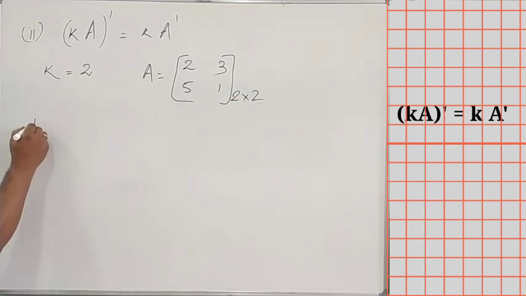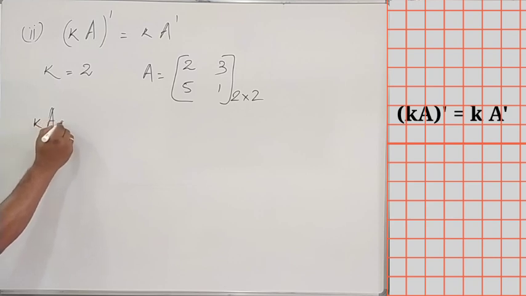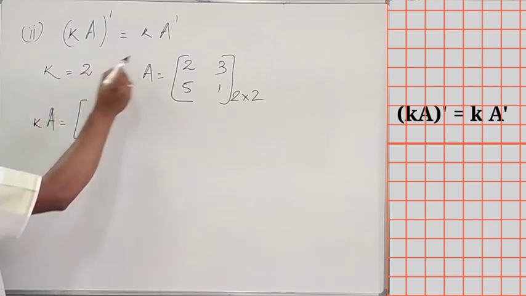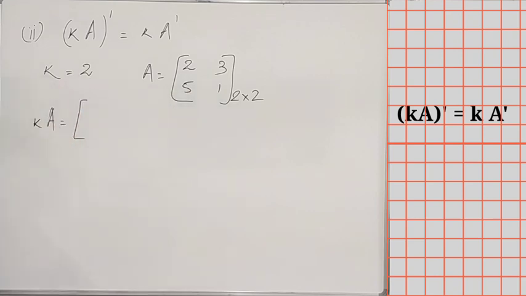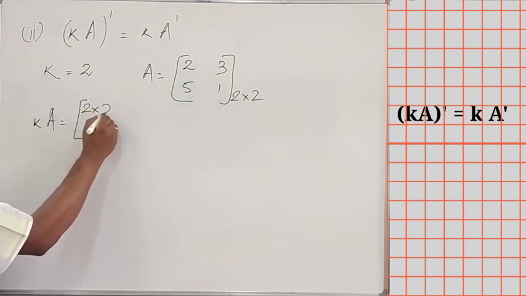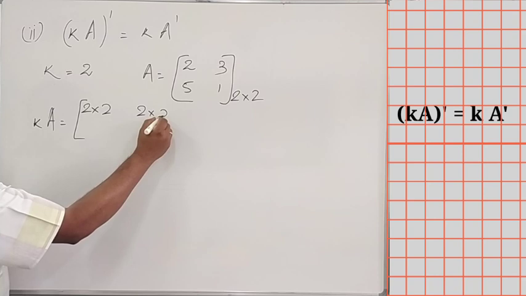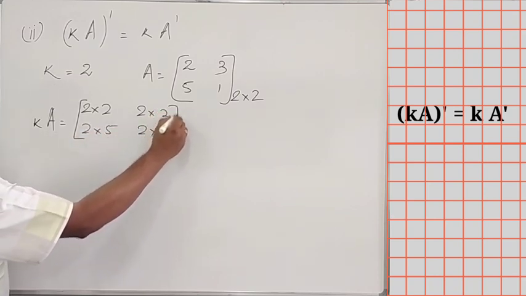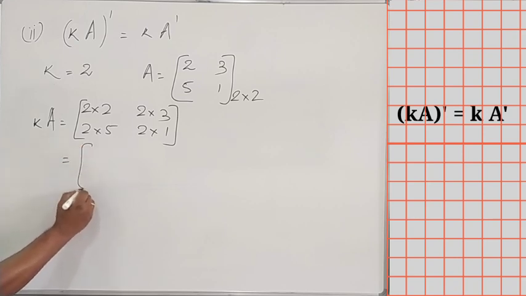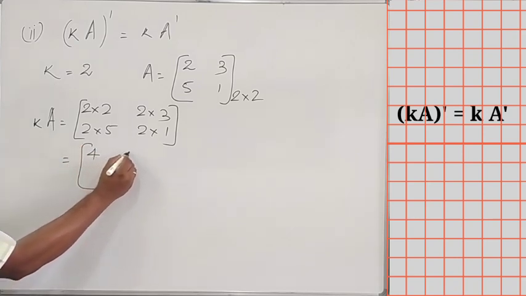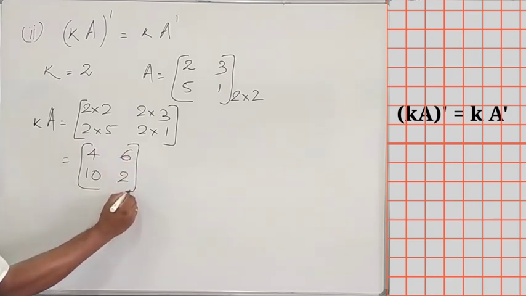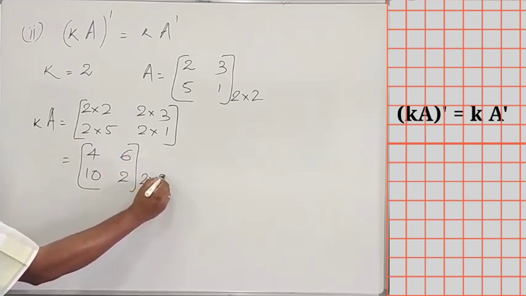And we calculate K into A. K into A is the matrix, that is we need to multiply 2 with all the elements of the given matrix. So it is 2 into 2, then 2 into 3, 2 into 5 and 2 into 1. We get the result as 2 into 2, that is 4, this is 6, this is 10 and then 2, that's of order 2 by 2.